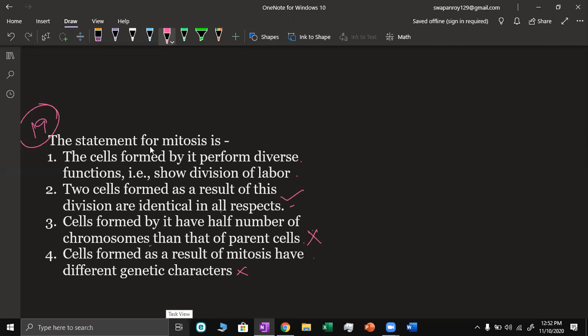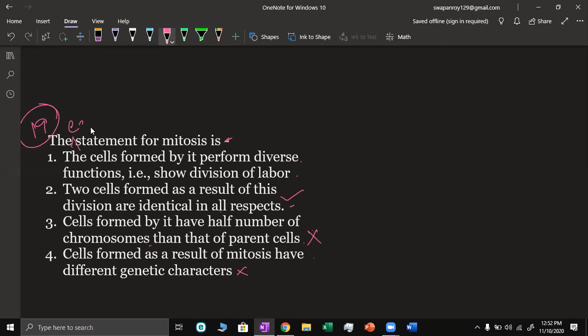Okay. Here I think the question is a little bit incomplete, I think a typing mistake.